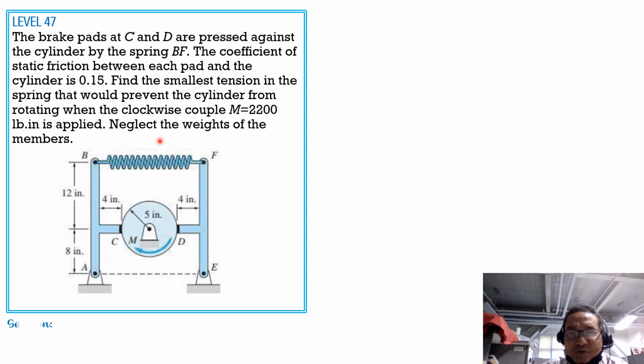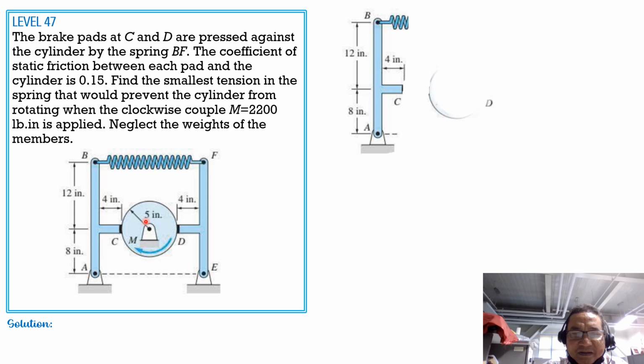Then for the solution, let's have the free body diagram of this portion here. Free body diagram of this brake drum or cylinder. So let's have the cylinder and the other right part of the frame.